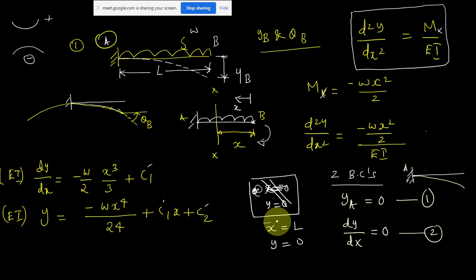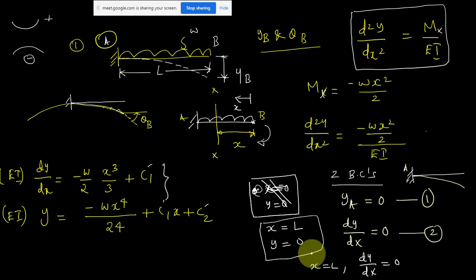So this is your first boundary condition, and the second boundary condition is at x equal to L, dy/dx is equal to 0. Taking the slope equation, 0 equals x is L, so it will be minus w L cube by 6 plus c1.